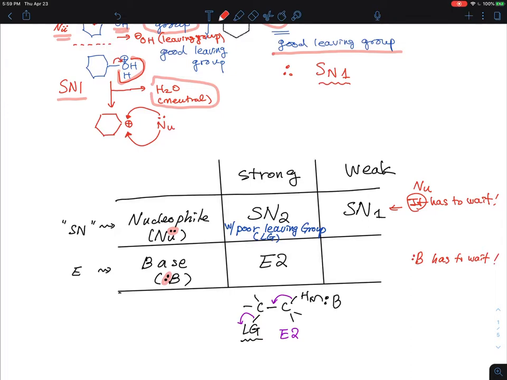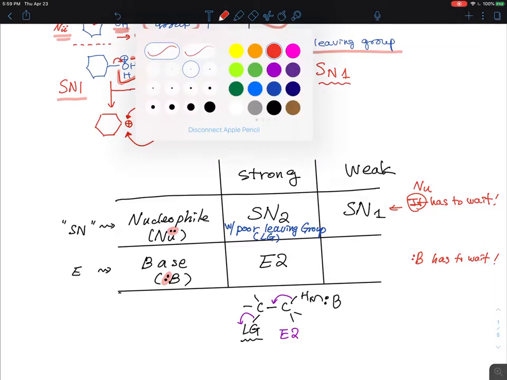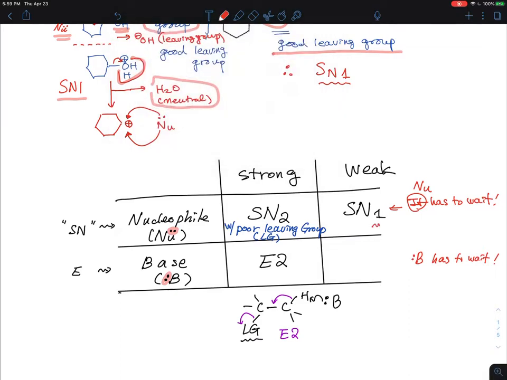So the first stage is that the leaving group has to leave, and that's the rate determining step. The rate determining step is what they call unimolecular.